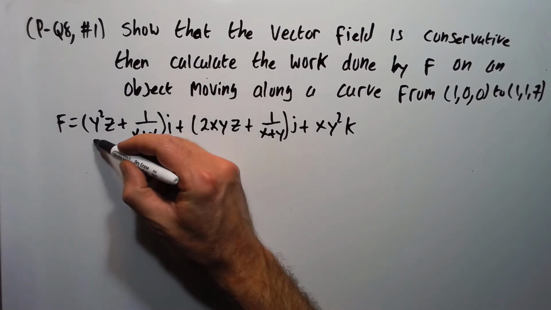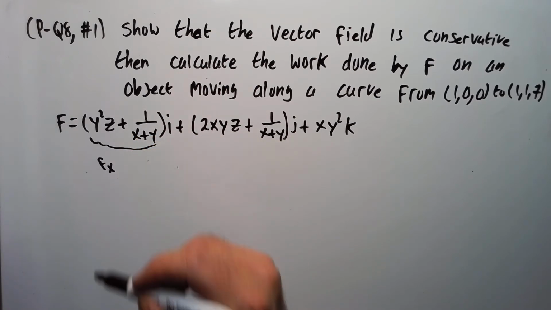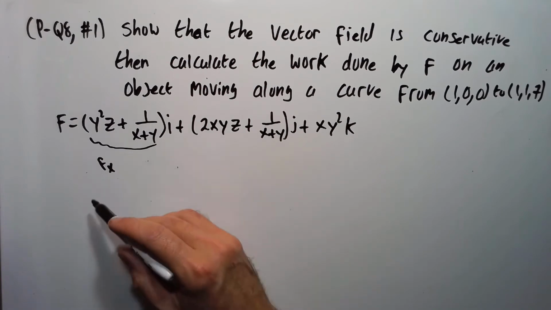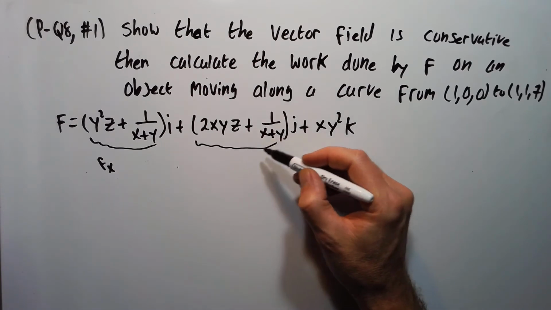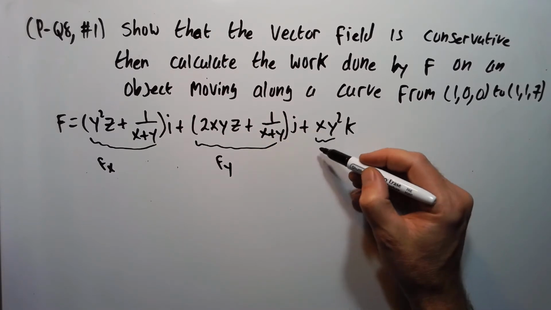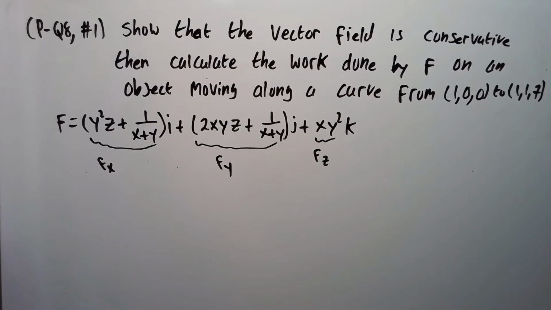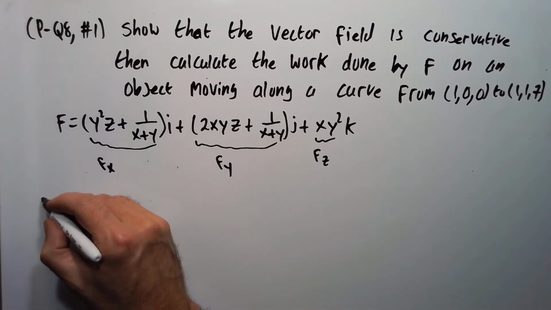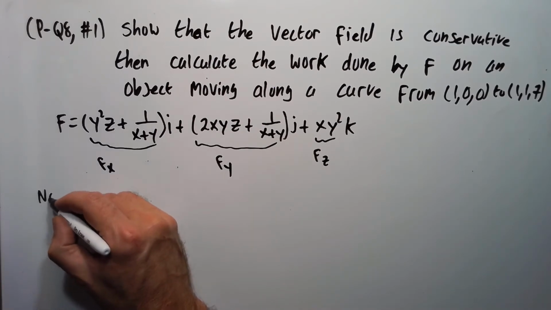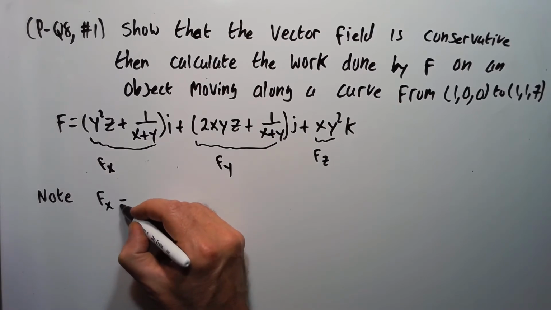So in particular, this component here would be small f derivative with respect to x, this would be small f derivative with respect to y, and this would be small f derivative with respect to z. Okay, so note small f derivative with respect to x is equal to this.